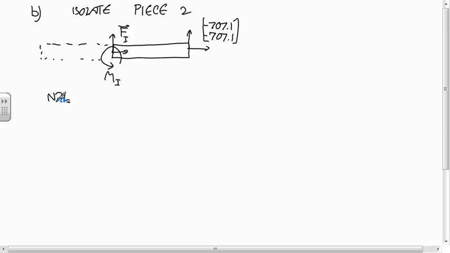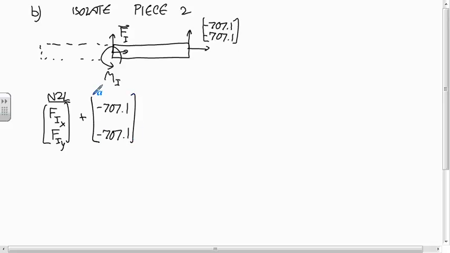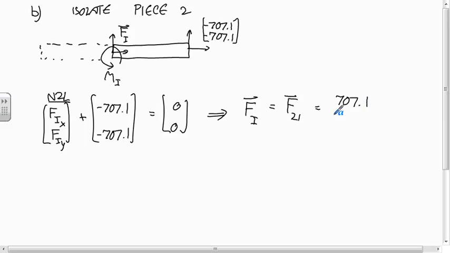So Newton's second law says Fi, x and y components, plus negative 707, negative 707 is equal to zeros. And so Fi, which is equal to the force on 2 by 1, is equal to positive 707, positive 707.